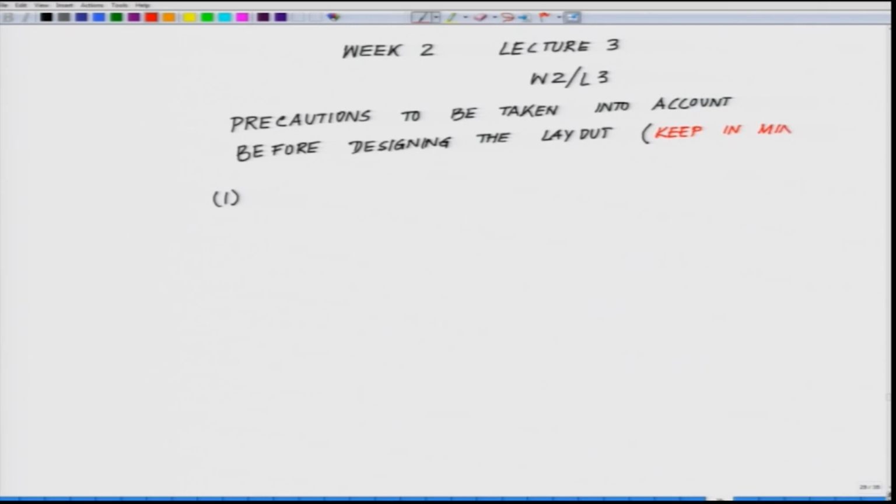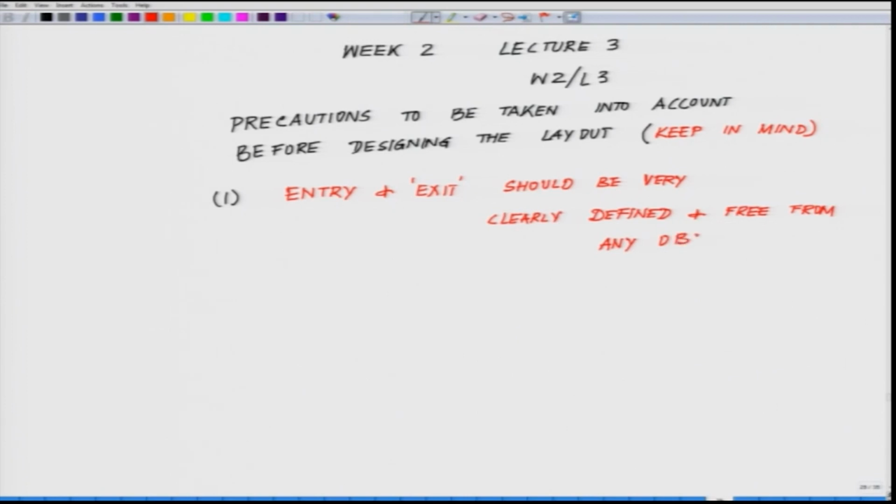Your entry and exit should be very clearly defined and free from any obstruction, in case of any emergency evacuation. This is fairly critical.